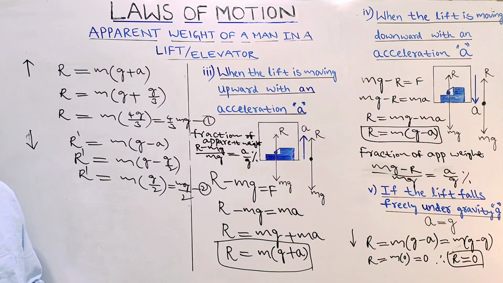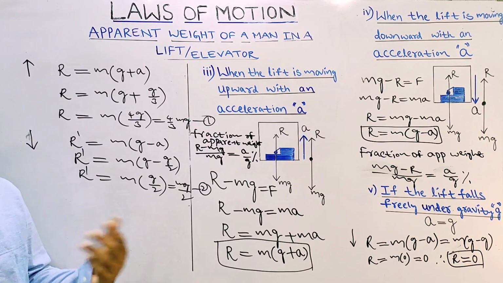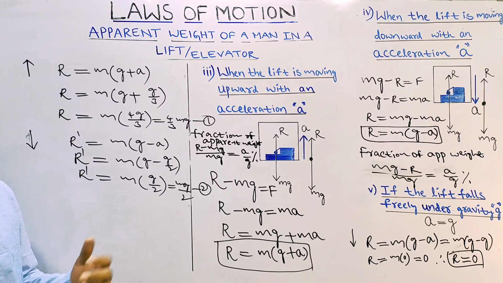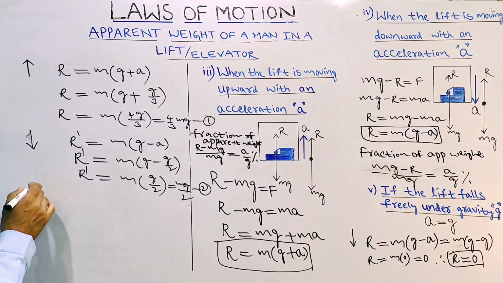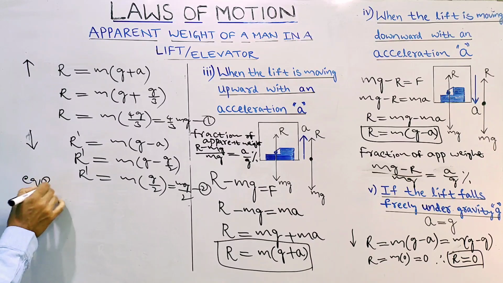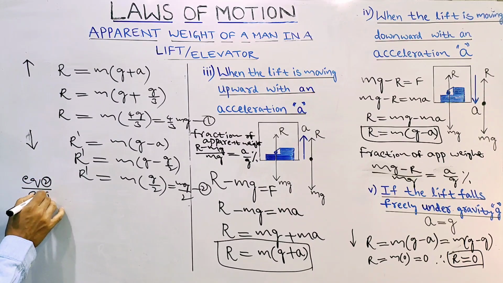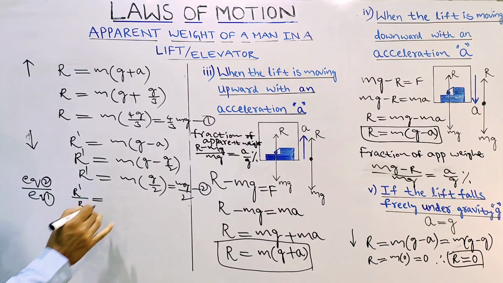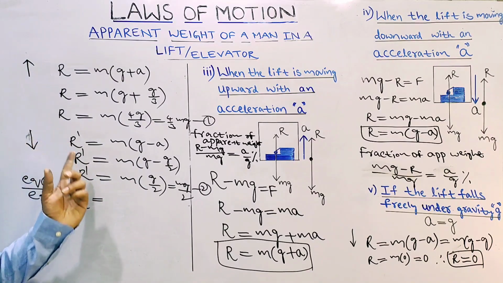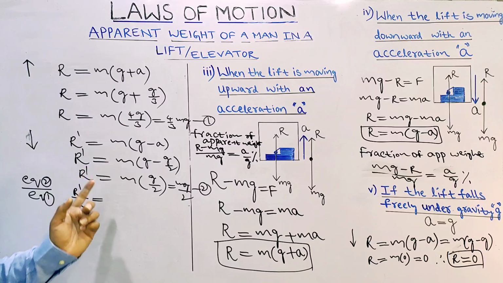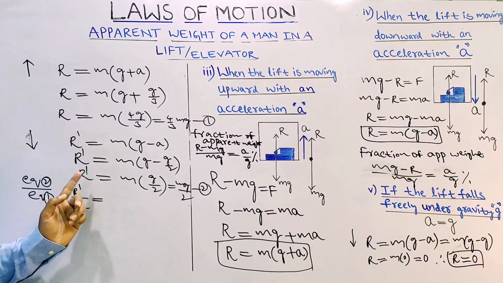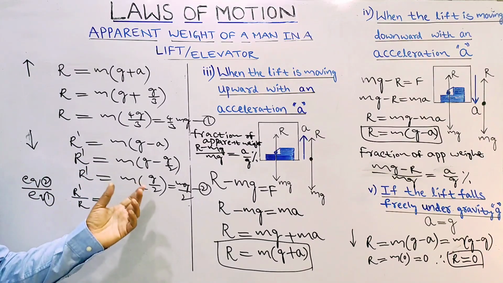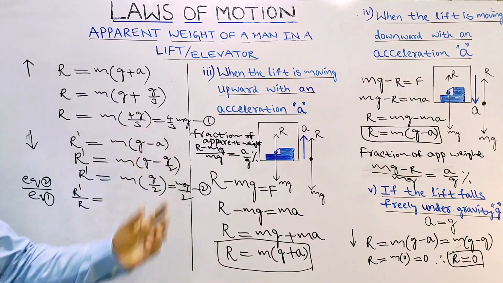They are asking the apparent weight in the second case compared to the first case. Equation 2 divided by equation 1. R dash by R, left hand side by left hand side. Equation 2 divided by 1 is equal to equation 2 right hand side by equation 1 right hand side.